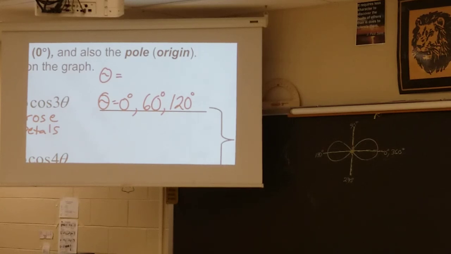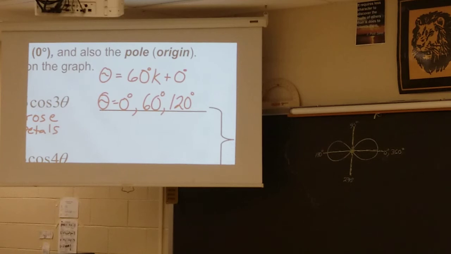In math, when you have numbers that follow a pattern like this, we can describe it with a formula that says 60 times k represents that idea of being 60 degrees apart. The first number is typically added onto the end. And so we get a little formula that says 60k plus 0.